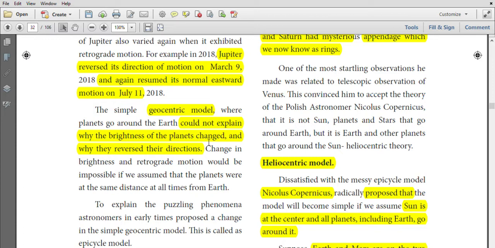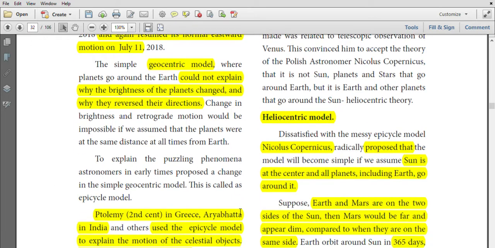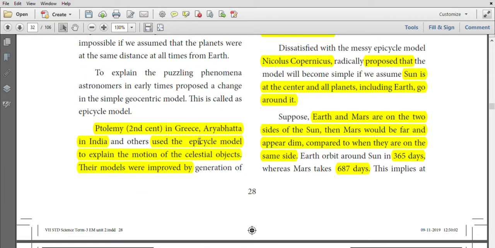The geocentric model could not explain the reason for the brightness and dimness of the planets. Ptolemy in Greece and Aryabhatta in India used the epicycle model to explain the motion of celestial objects.